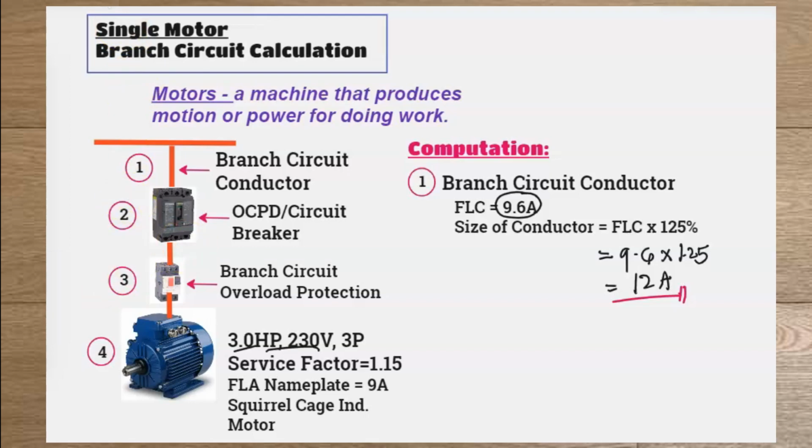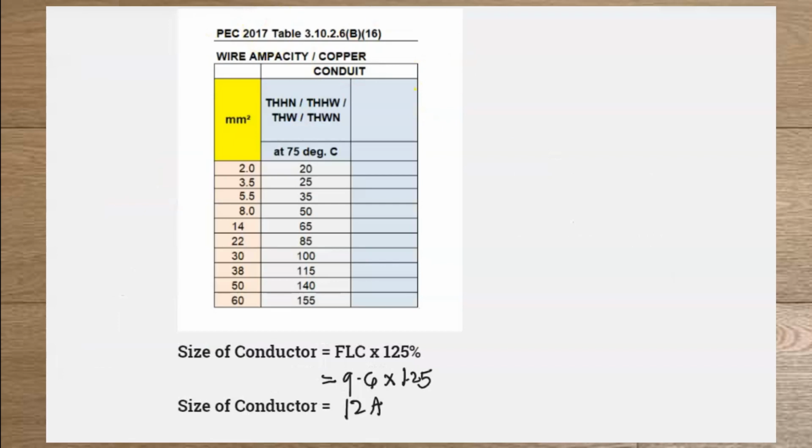So meron tayong table na titingnan, and then from the table, table 3.10.2.6 B16, this is for the wire ampacity. So yung gamit nating wire is tanso or copper. So ito yung summarize ko na table galing doon sa PEC.